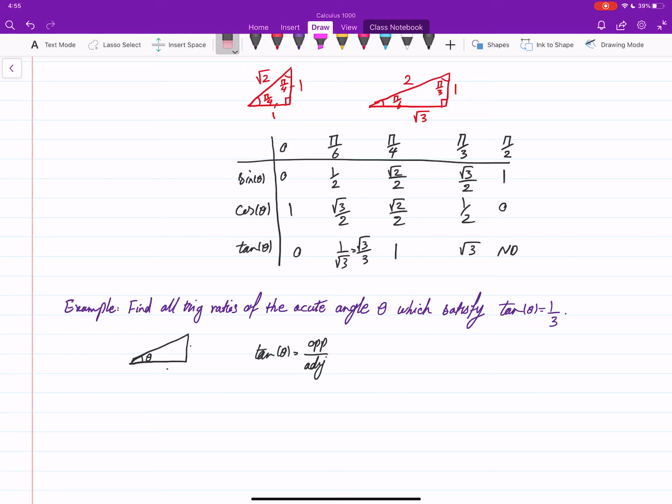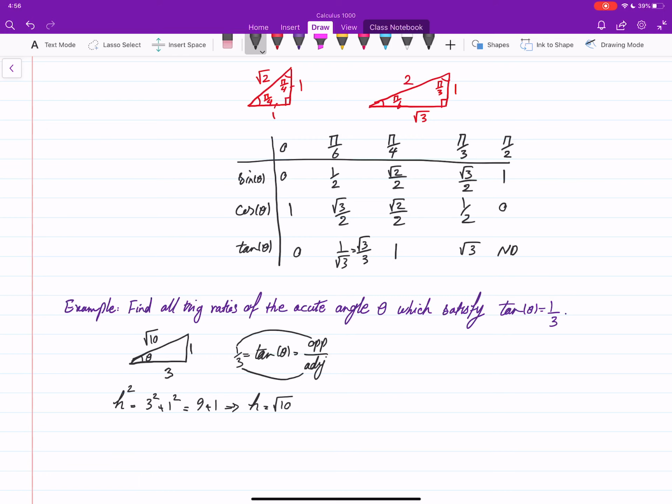So why don't I take this as 1 and this as 3? These are going to have exactly the same ratio. So this will be 1, this will be 3. And then using the Pythagorean theorem, you get h squared is equal to 3 squared plus 1 squared, and that is 9 plus 1, and as a result h is root 10. So this is root 10.